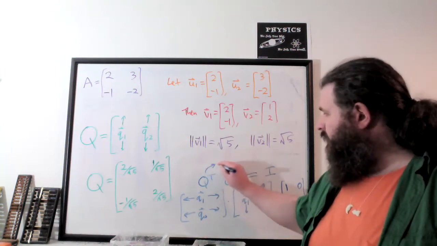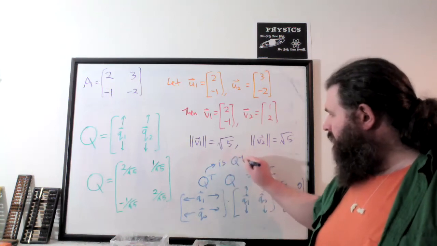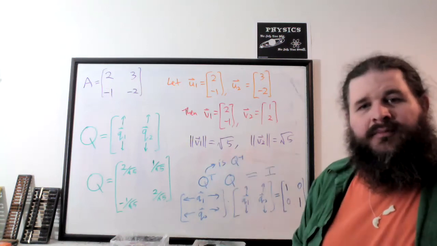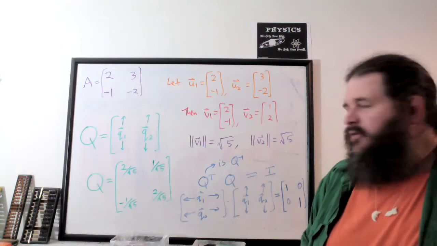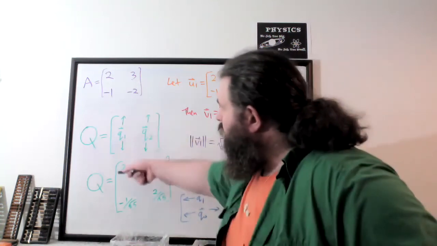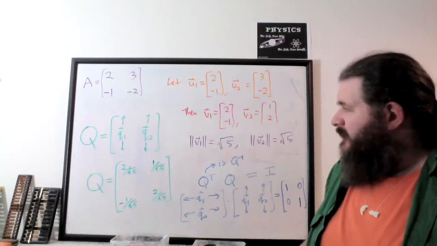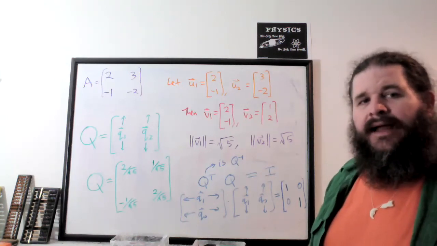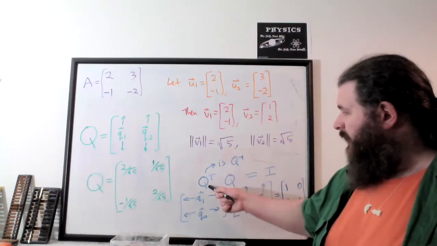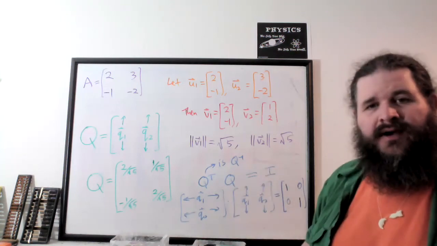Q transpose is Q inverse. This is one of the really important properties of any orthonormal matrix. If you've got a square matrix whose columns are orthonormal, it has this property that the transpose of the matrix is the same as the inverse of the matrix.